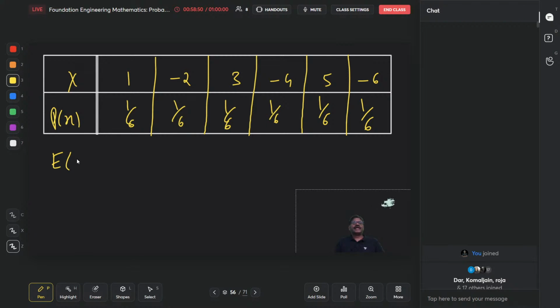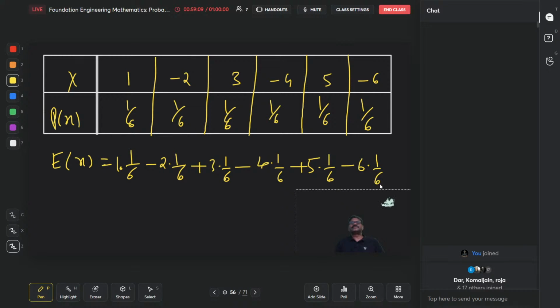Now, expected value of x: 1 into 1 by 6, minus 2 into 1 by 6, plus 3 into 1 by 6, minus 4 into 1 by 6, plus 5 into 1 by 6, minus 6 into 1 by 6. If you take 1 by 6 common, 1 minus 2 plus 3 minus 4 plus 5 minus 6.